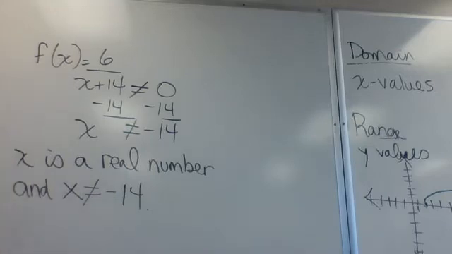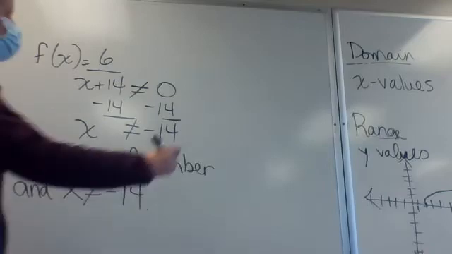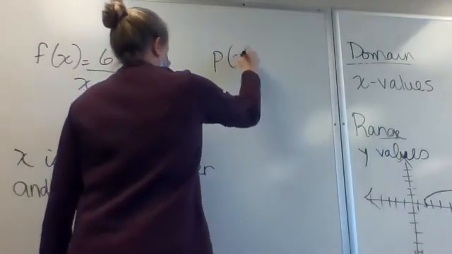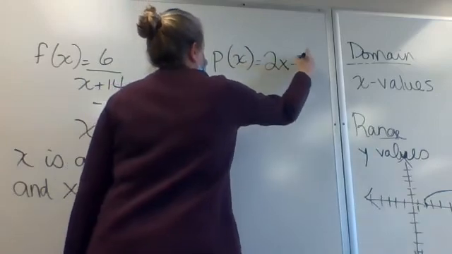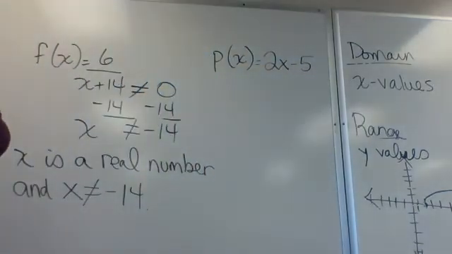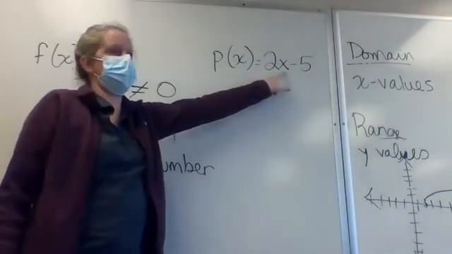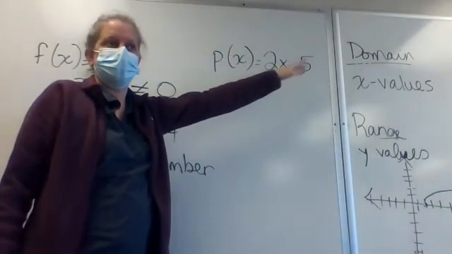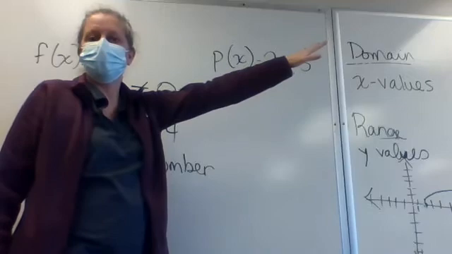Number 4, p of x equals 2x minus 5. First of all, what kind of graph is when x is just an x? It's a line, right?